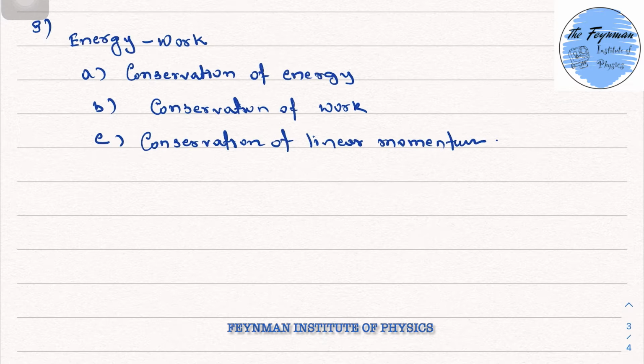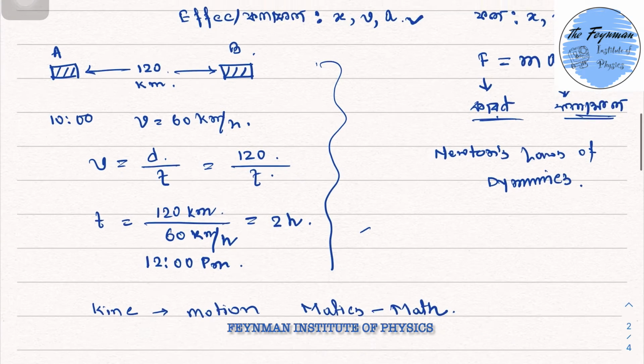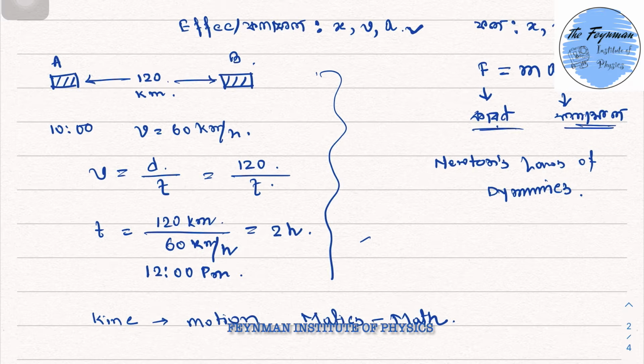Like in the previous example, we have two stations situated say 120 km apart, which is very much greater than the length of the train. Hence we do not need to differentiate between the tip and the last point, that is the tail of the train.